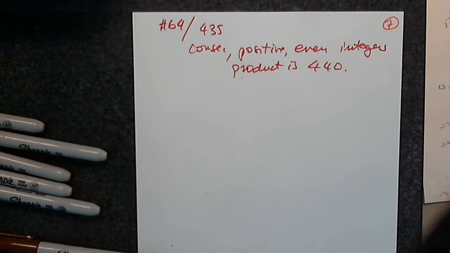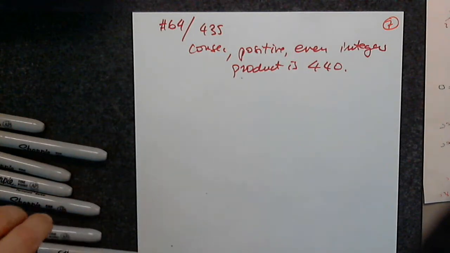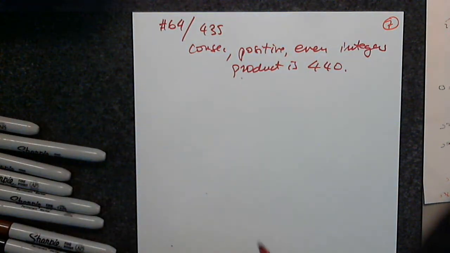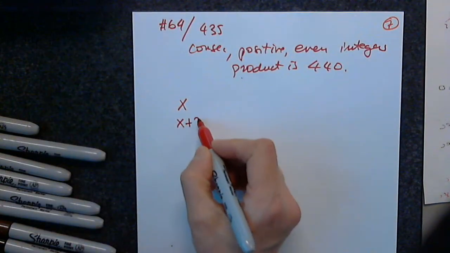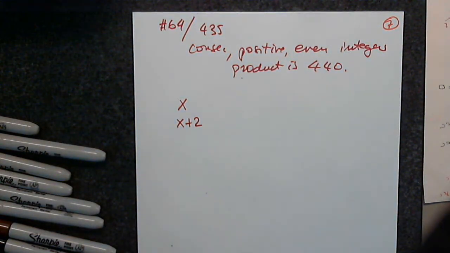Yes, so two consecutive even integers. Now if I say the first one is x, please give me the next even positive consecutive integer. x plus 2. Correct. So one is x, the other one must be x plus 2.